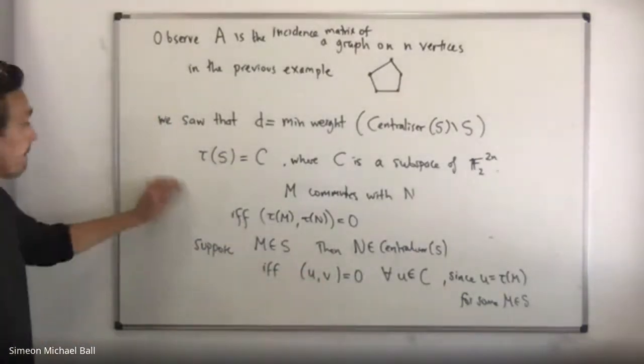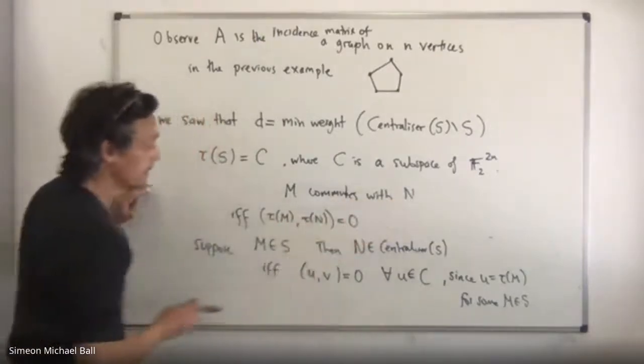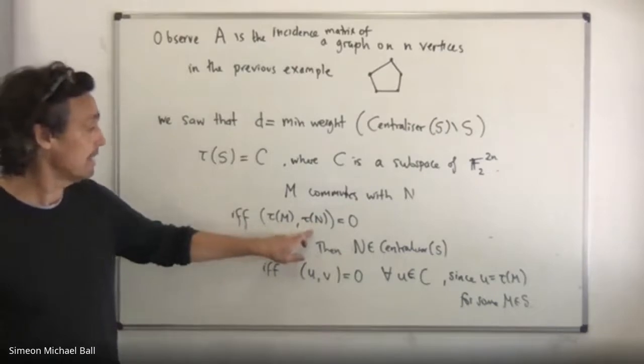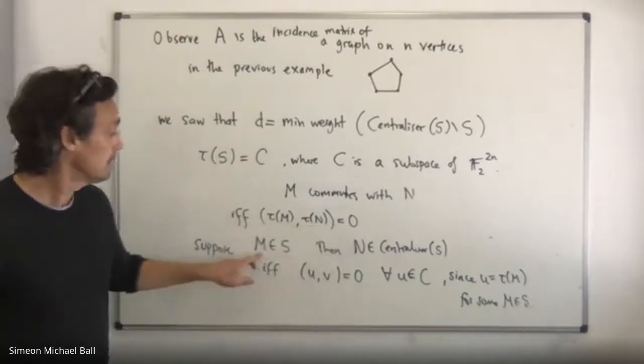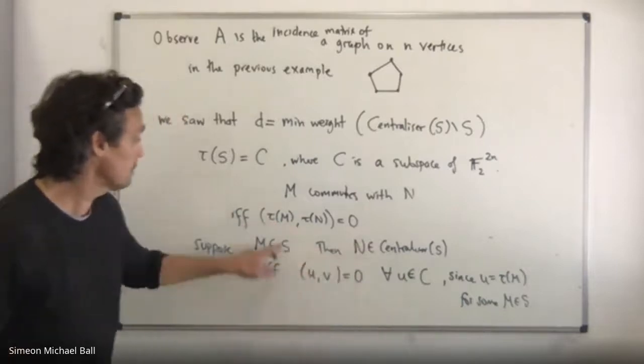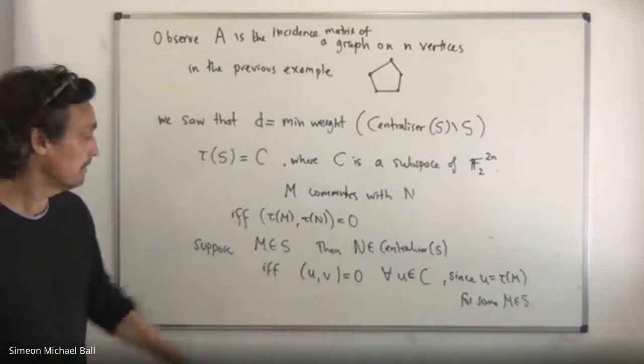Okay, so M commutes with N. Over in the Pauli world, we decided it would only if tau N is 0. So now if we take N in this and N in the centralizer, this is going to be 0, if and only if. Wait, there's two U's there?